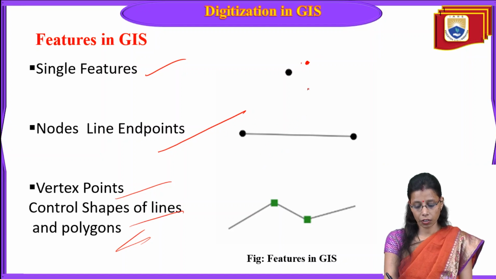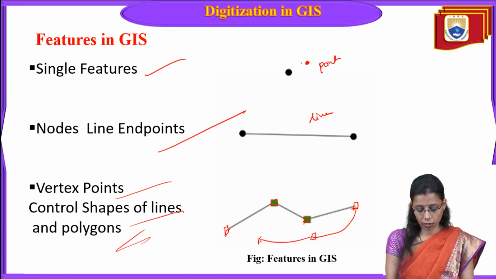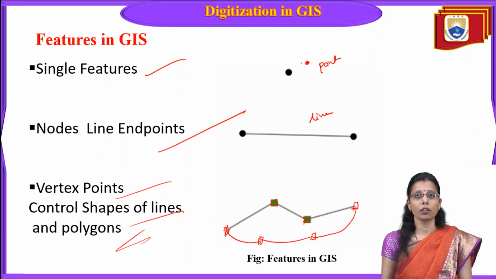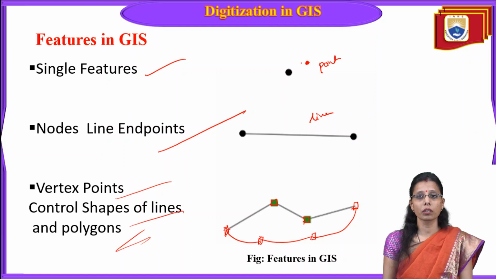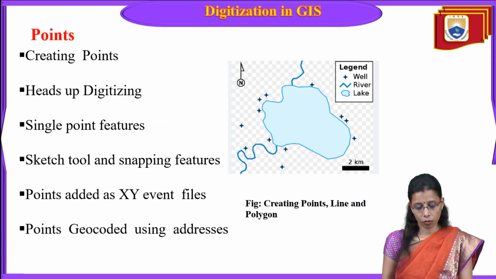The small boxes you can see are called vertices. If you join these vertices, it becomes a polygon. So the combination of vertex nodes forms a polygon, a line has two different nodes at its endpoints, and a single node is called a point feature.